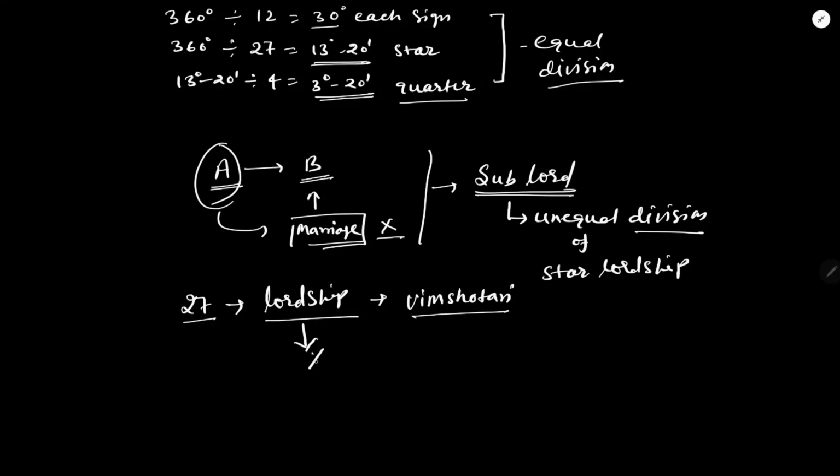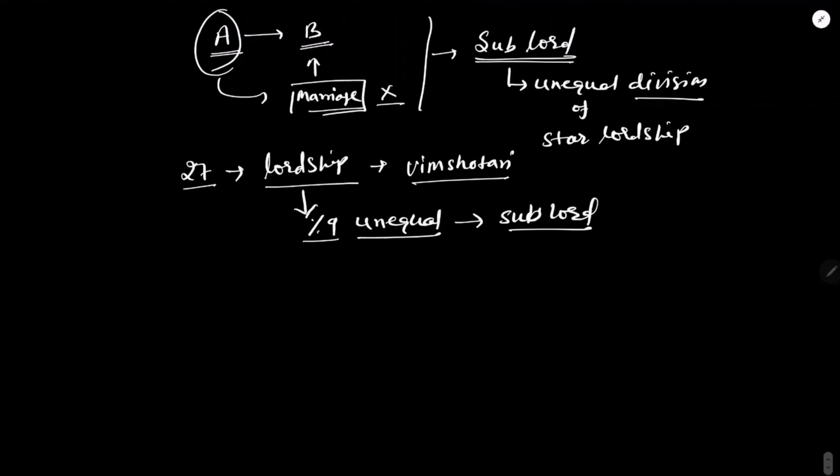Again, this lordship was divided into 9 unequal parts, and those parts were called sublords. Do remember, this is a division of the lordship, not the nakshatra itself, right? How he divided the sublordship, we will see in a moment.